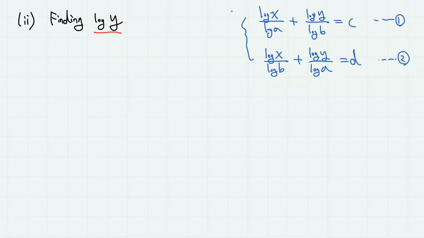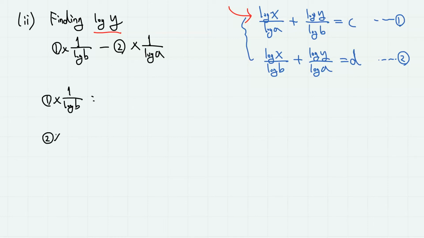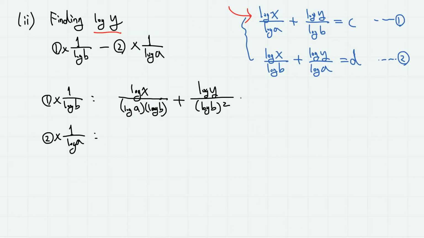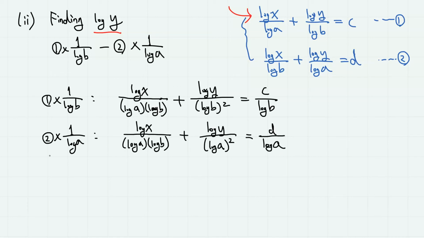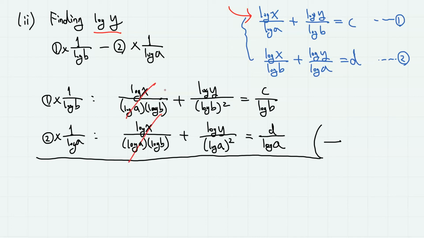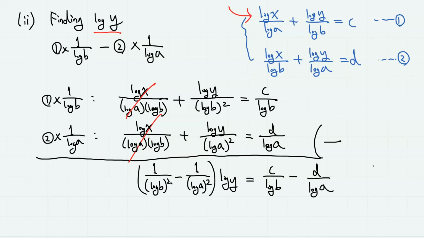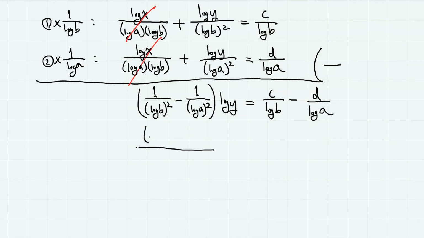Obviously, now we have to eliminate log x. So we must perform equation 1 times 1 over log b minus equation 2 times 1 over log a. And let's quickly do that. So if we do the subtraction, now log x is getting eliminated, and we obtain this result.